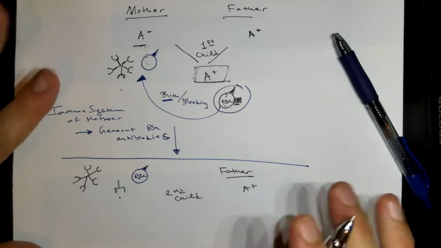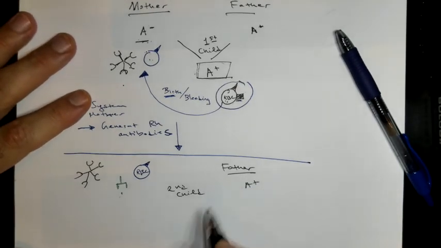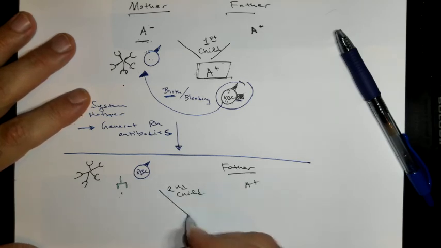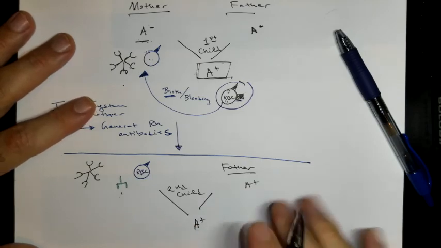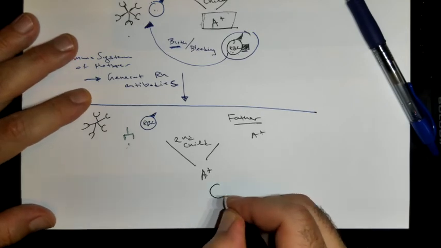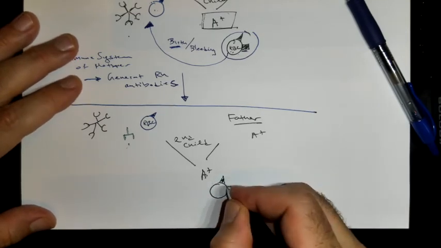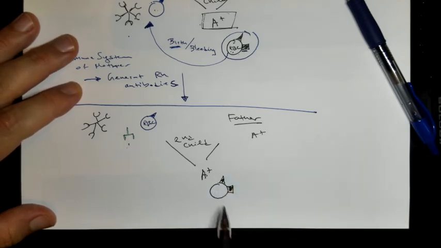You can think of other examples, but I'm just going to go over this one example. Second child. Again, A positive. Let's go ahead and draw that RBC out of this child. It's got the A triangle antigen. It also has the square-shaped Rh antigen.